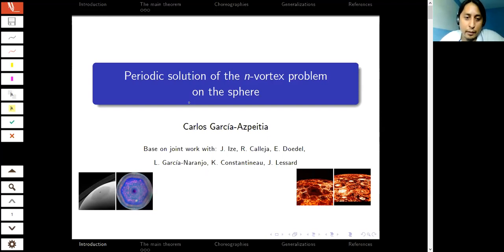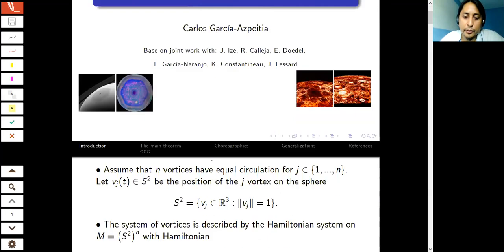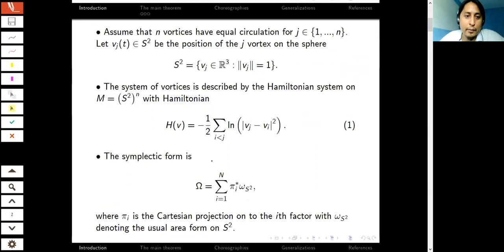Some of them are really periodic solutions. Okay, so I'm going to start with the equations. I'm just going to describe vortices by functions in the unitary sphere, n functions from 1 to n. The system of equations is a Hamiltonian system, so the configuration space is a manifold M, which is n copies of spheres, one copy for each vortex.